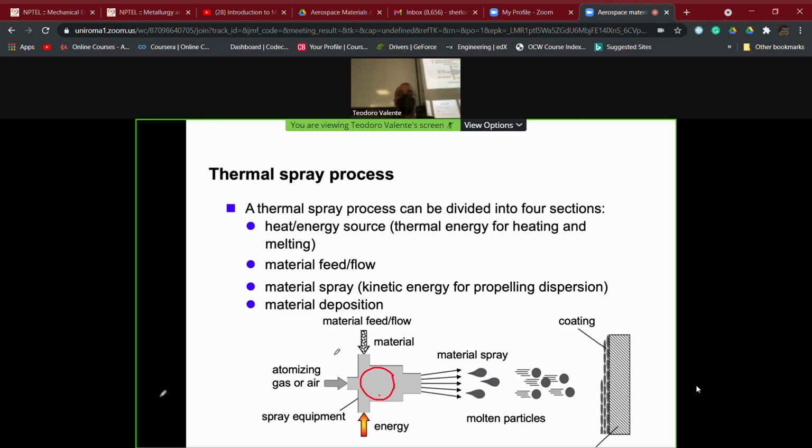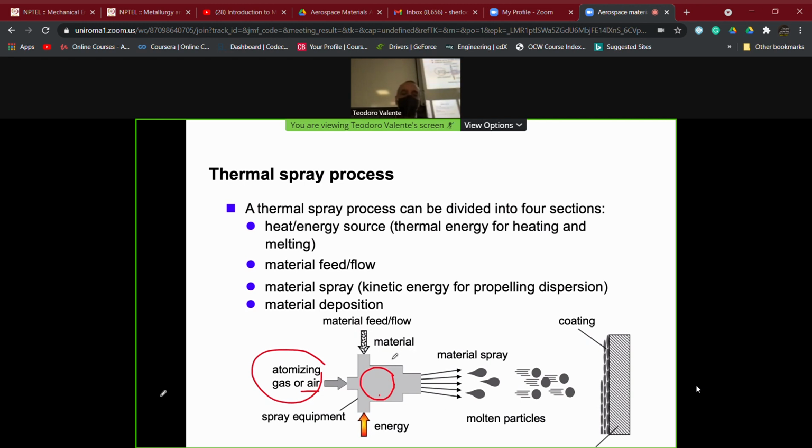At the same time, together with the material feed, which will be gas transported if they are powders, we have also other gas supplies, which can be, depending on the technology, a gas mixture, or in some cases, not for the cases which are interesting for us, it can be air.